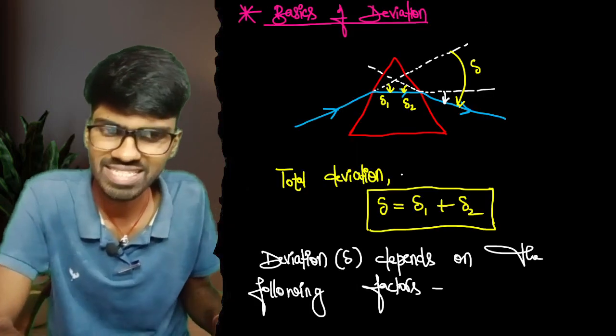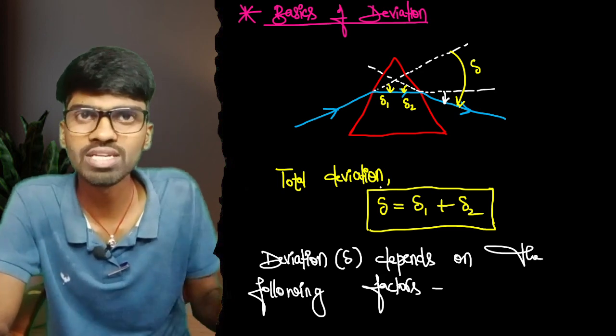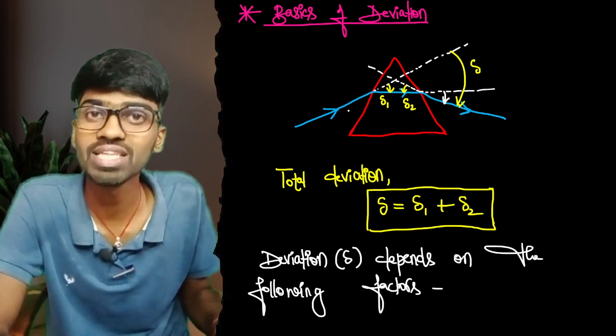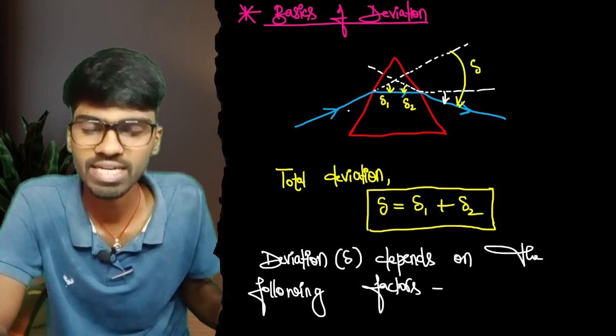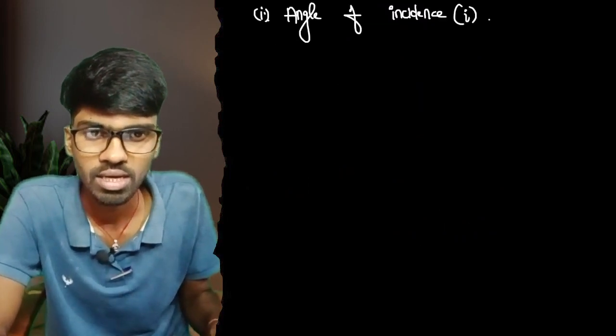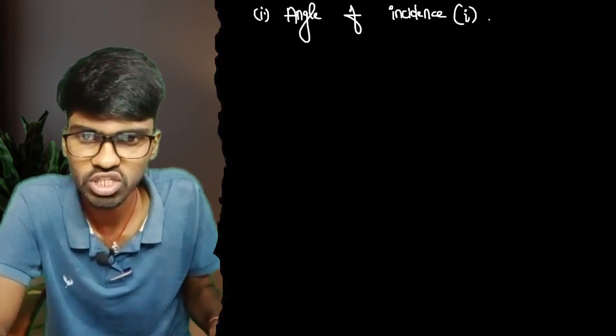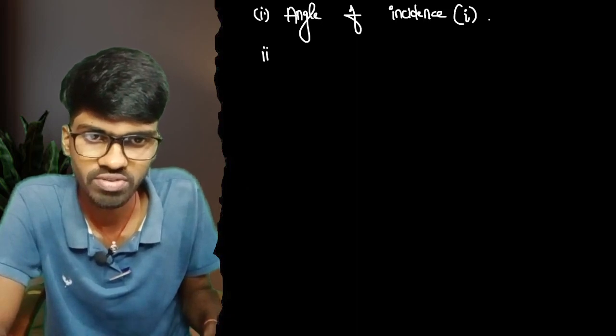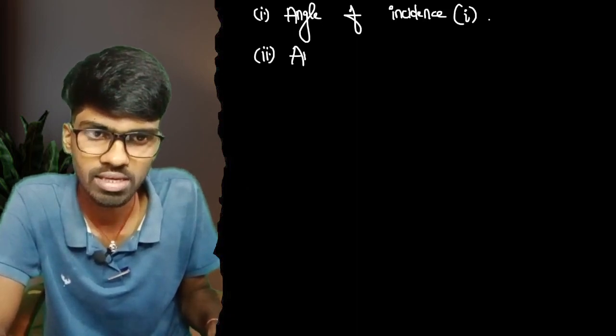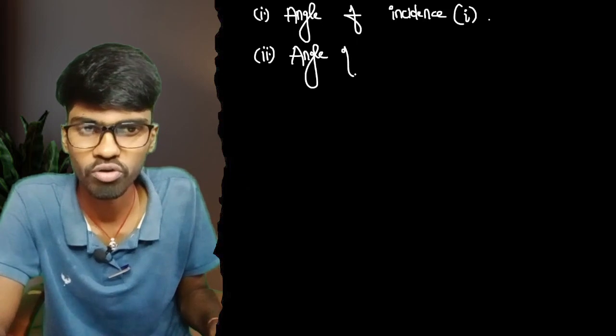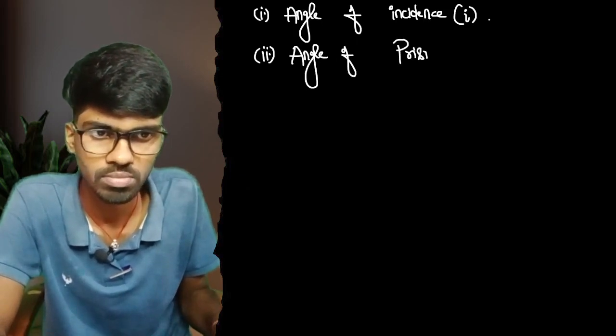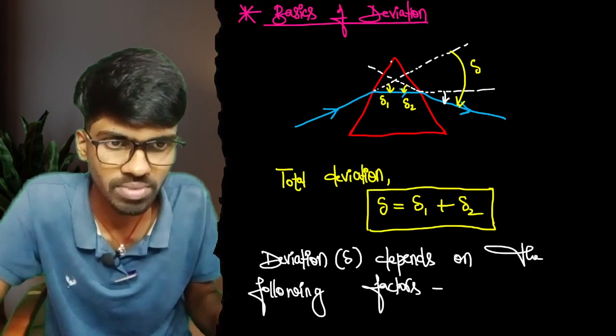We have already discussed its formula and all the terms related to deviation, on what factors it depends. So I am writing that again. Second one is angle of prism. You know what the angle of prism is here.